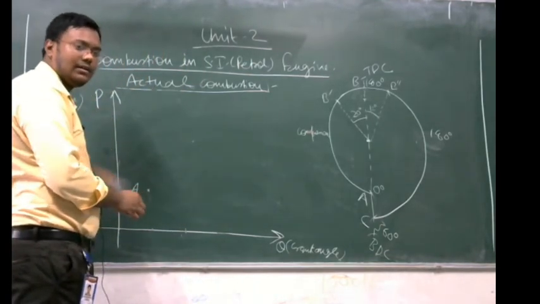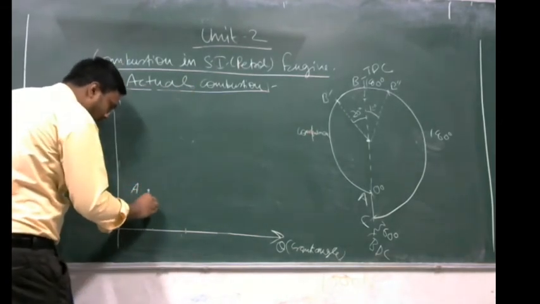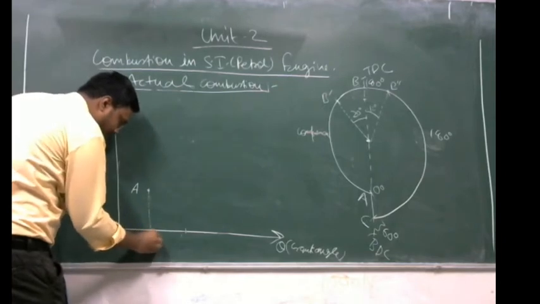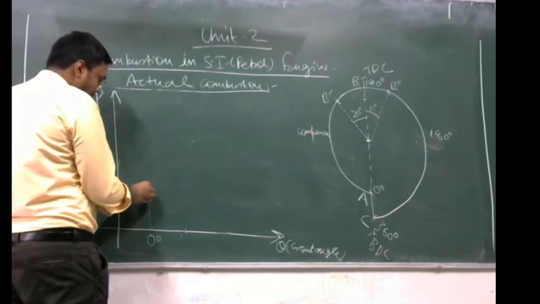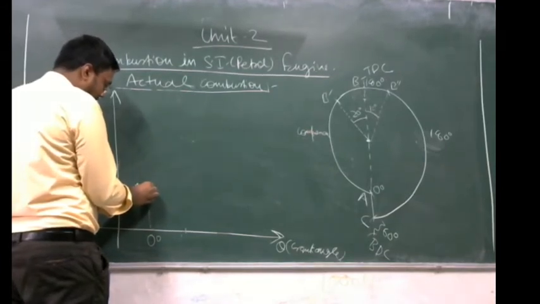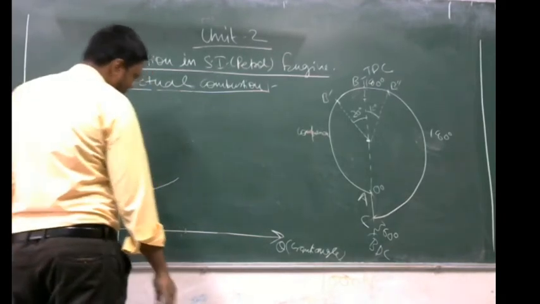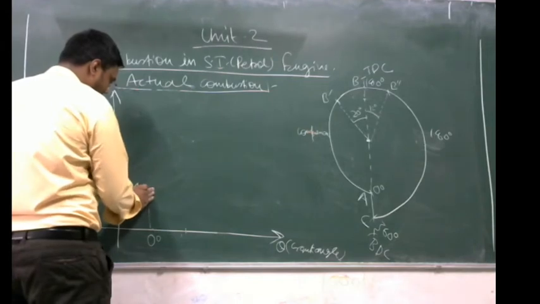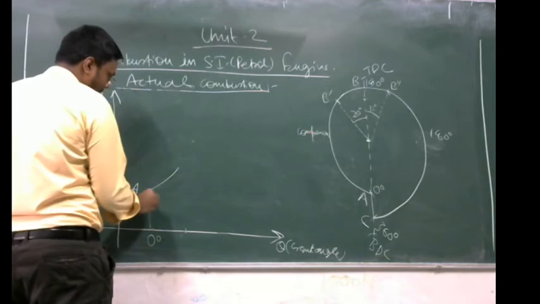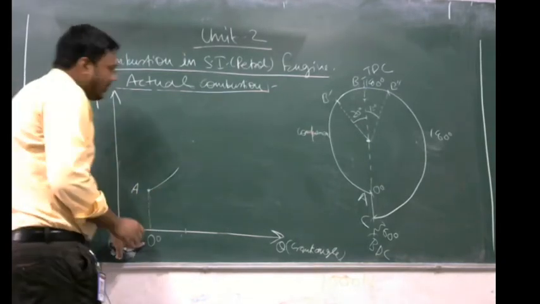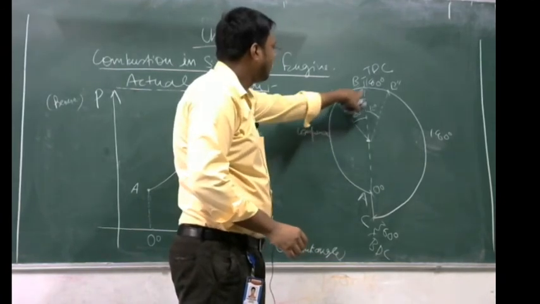We have to increase the pressure gradually in the compression process. Here we are at 0 degree of crank angle, and when the crank rotates during compression, the rise is very gradual, not very sharp. It will look like this.